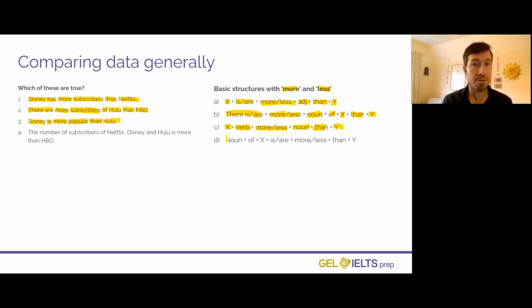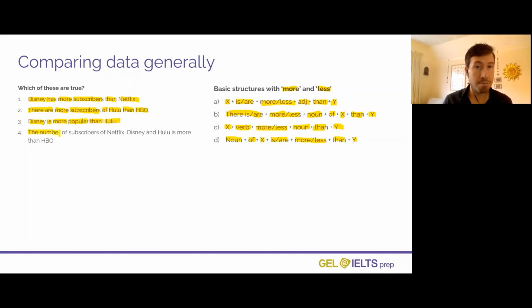Okay, the last one here is noun plus of plus X. So X and Y, they're always nouns as well. So when we have a noun and another noun, we always need this preposition of to connect them together. So noun plus of plus Disney, Netflix, Hulu, is or are, more or less, plus than, plus Y. So again, Disney, Netflix, Hulu, and we can see this here.